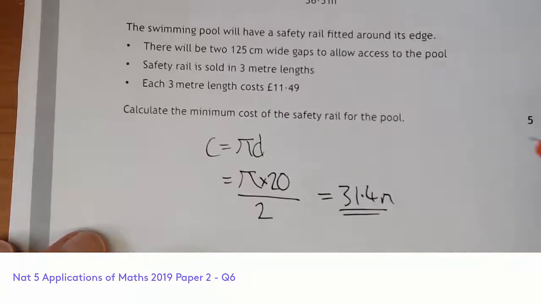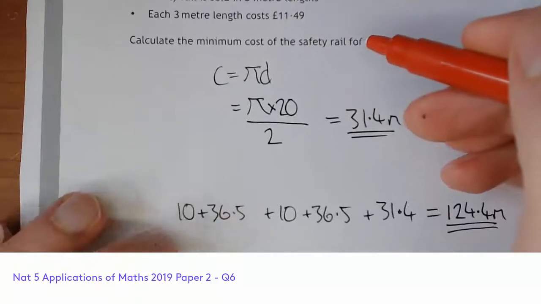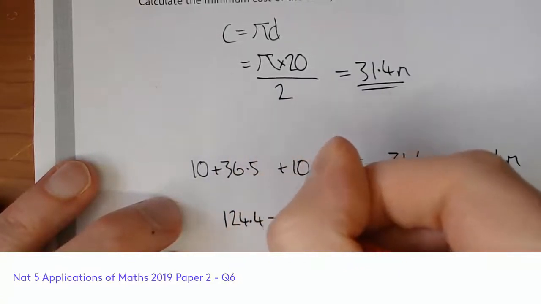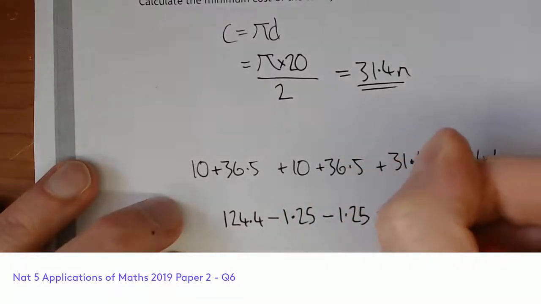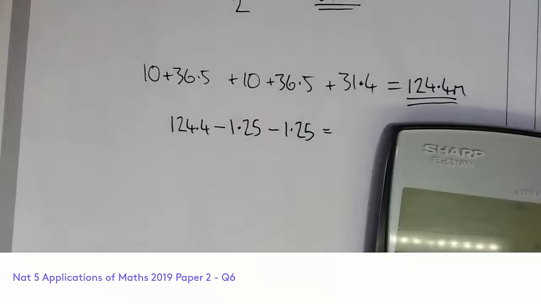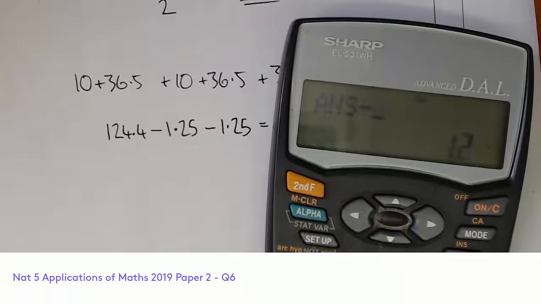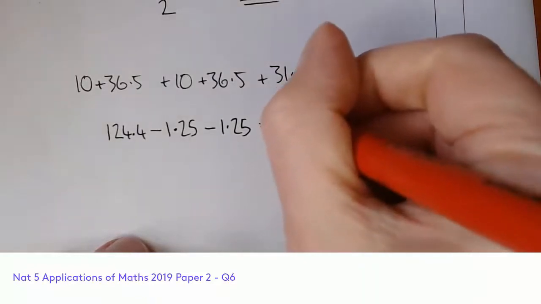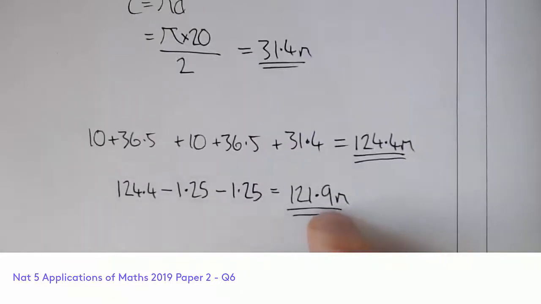Now, they want two 1.25 metre gaps to allow folk to go in and out. So let's get 124.4 and minus 1.25, and then minus that again. This will give us the size that we need for the railings. So 124.4, subtract 1.25, subtract that again, and that's 121.9 meters that we're going to have to get the railings for.